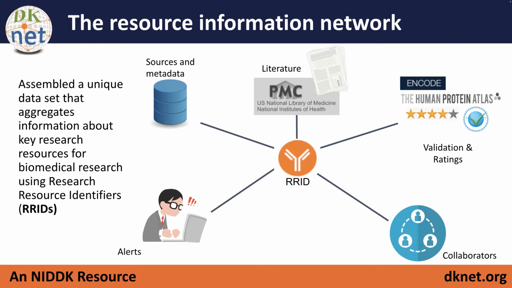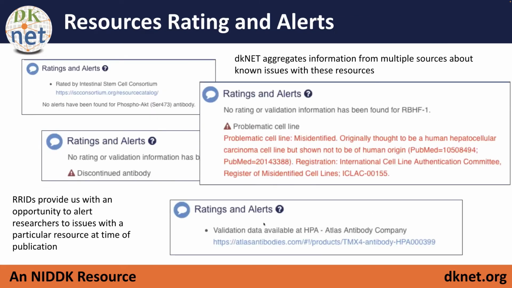That information can be provided through the different reports that we provide. And these resource ratings and alerts, for example, will show up on the resource reports, and we'll go through this a little bit through the demo as well. And they're highlighted, and then we also provide, for example, the Intestinal Stem Cell Consortium has done some validation or provided some information, for example, about this antibody.